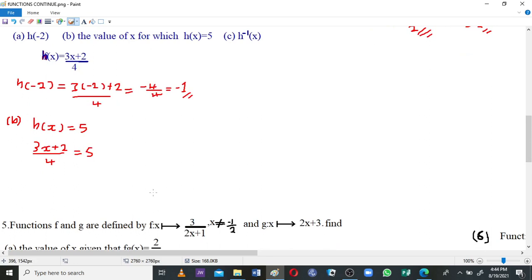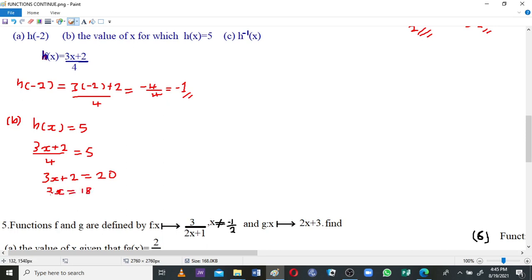If we do that, multiplying what you have gives you 3x plus 2 is equal to 20, right? Now you are going to get 3x is equal to 18, isn't it?